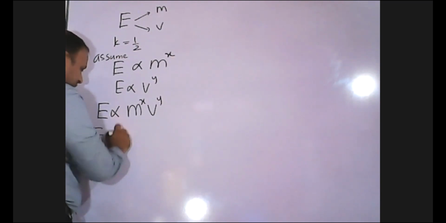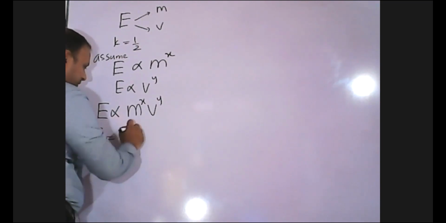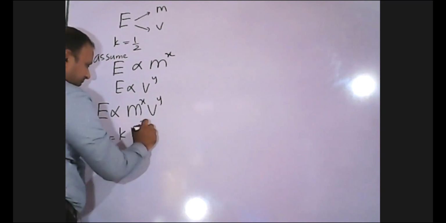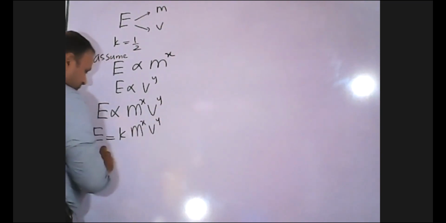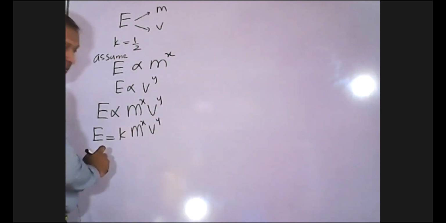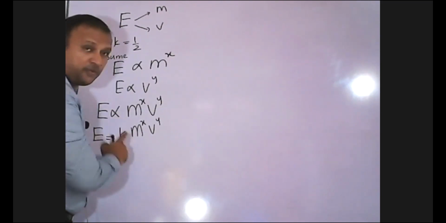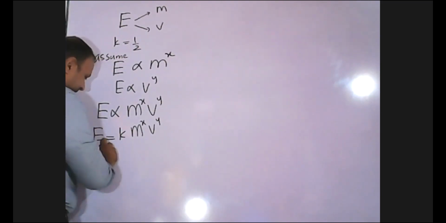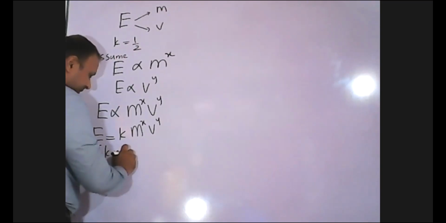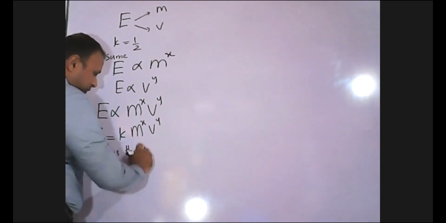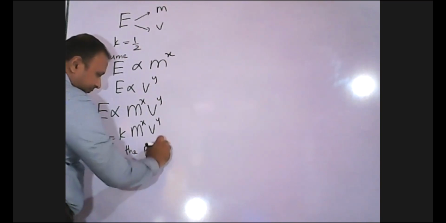Then I can write my assumed equation, V to the power Y. So once you write this one, please define K. K is the proportionality constant.